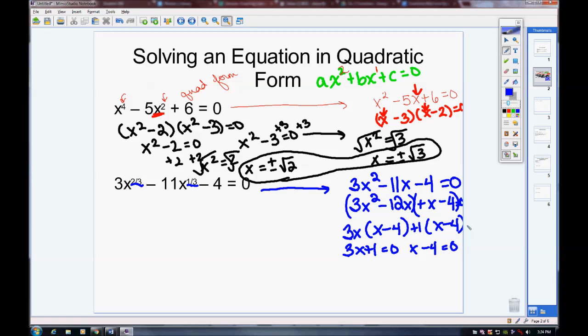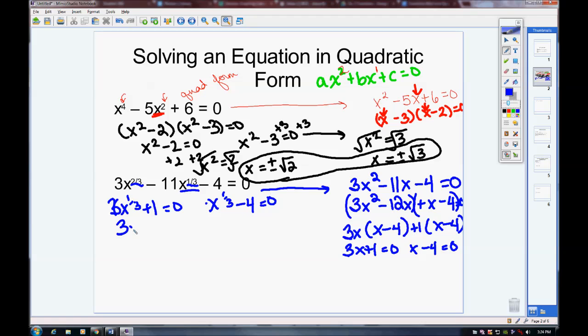Well, I'm going to stop there because really it's not x, it is x to the 1/3. So I'm going to come back over here and write it 3x to the 1/3 plus 1 equals 0, and x to the 1/3 minus 4 equals 0.